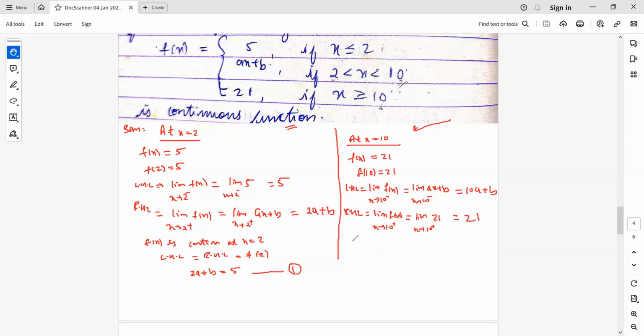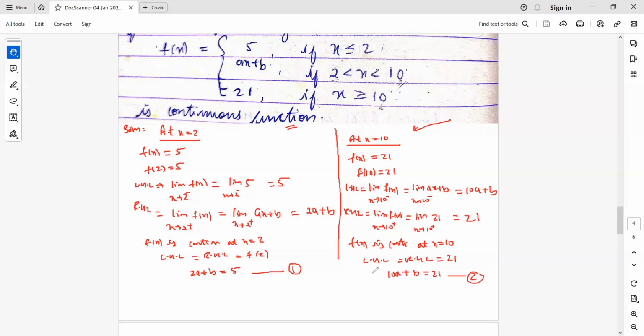Again use the same definition: f of x is continuous at x is equal to 10. So LHL will be equal to RHL will be equal to 21. So 10a plus b is equal to 21, and this will be our equation number 2.